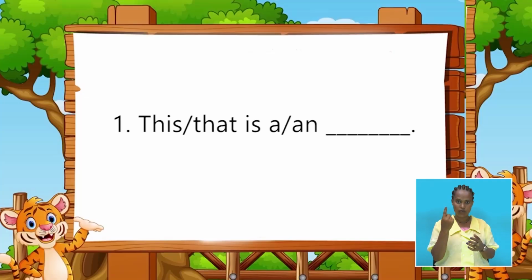At the end of this lesson, you will be able to make sentences using this or that is a or an blank object, and these or those are blank objects. Let's see one by one.